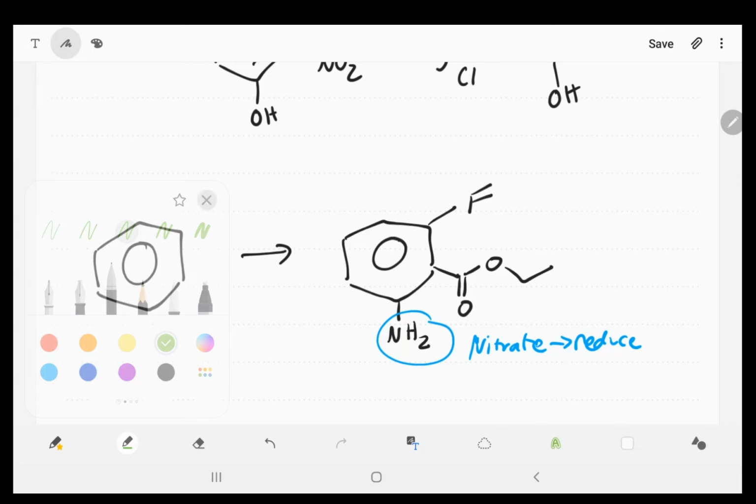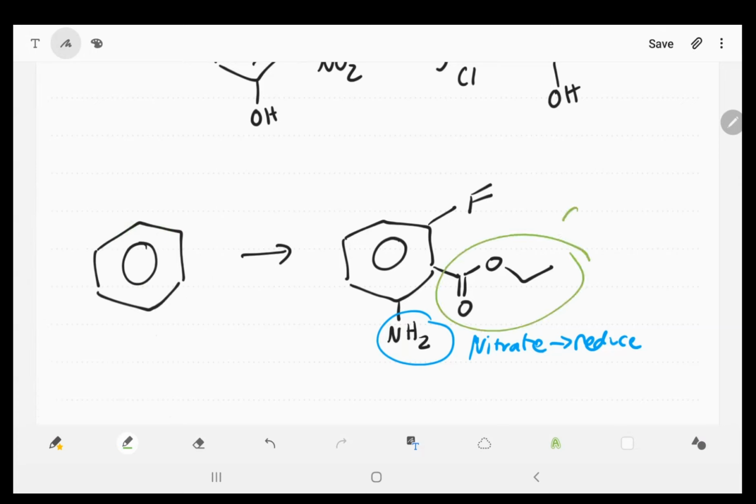Yes, exactly. Carboxylic acid and alcohol will give you an ester. So we know how to make carboxylic acid. That's going to be Friedel-Crafts, Clemmensen, and then cleavage, right? That'll give us our carboxylic acid, which we can then combine with an alcohol to make our ester.